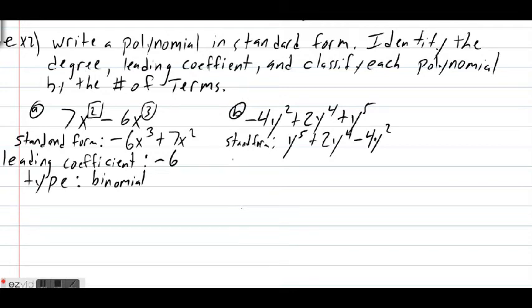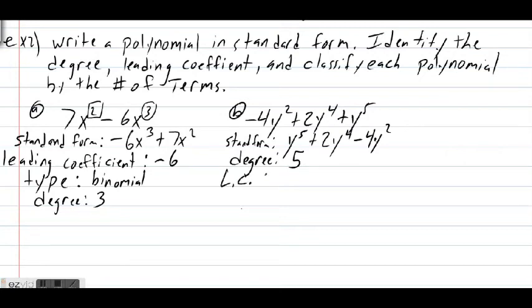Alright. Oh, we forgot for part A, we forgot the degree. I apologize. Let's go back. The degree was merely 3. So what happens to the degree here? The degree here is just 5.